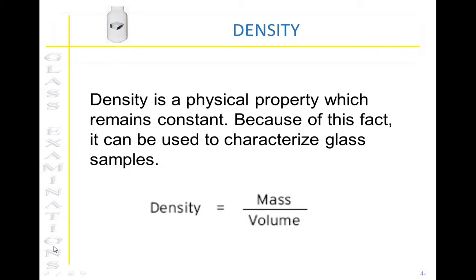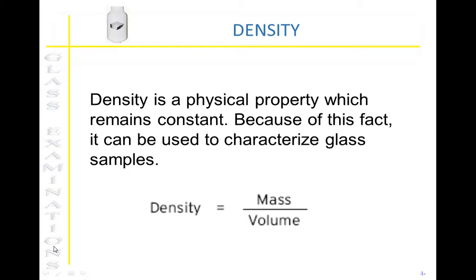You can also determine the density of a glass and use that as a comparison feature between known samples and any foreign samples from crime scenes. Density is going to be a physical property and it's going to remain constant, so it can be used to characterize the glass sample.